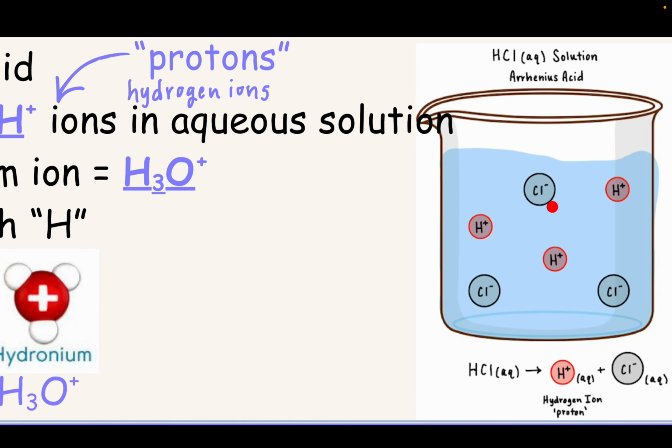We would have some chloride ions produced, these negative 1 charged ions, and then we have these special H+ ions, these hydrogen ions, these protons, and that is what makes this substance an acid.